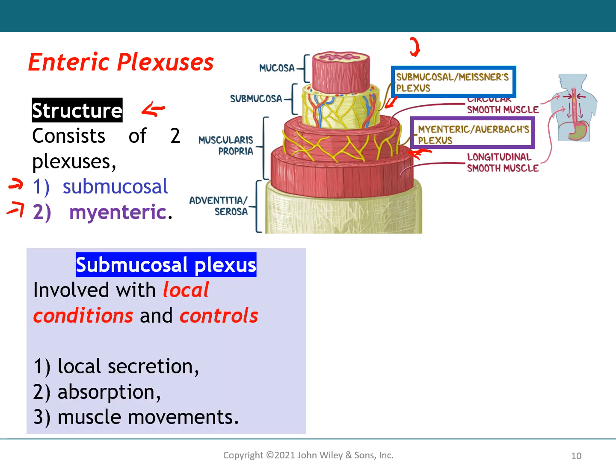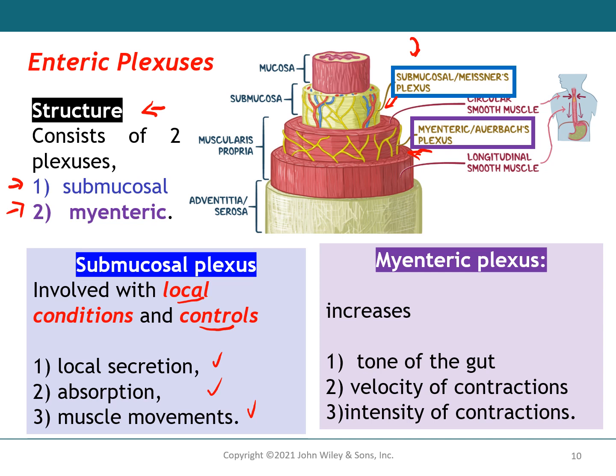For example, the submucosal is involved in local conditions and controls local secretion, absorption, and also muscle movements. In addition, the myenteric plexus increases the tone of the gut, the velocity of the contraction, and the intensity of each one of those contractions.